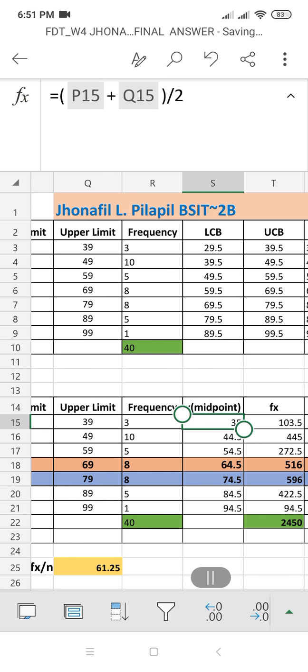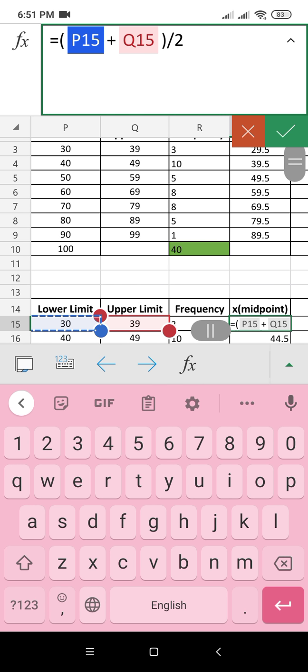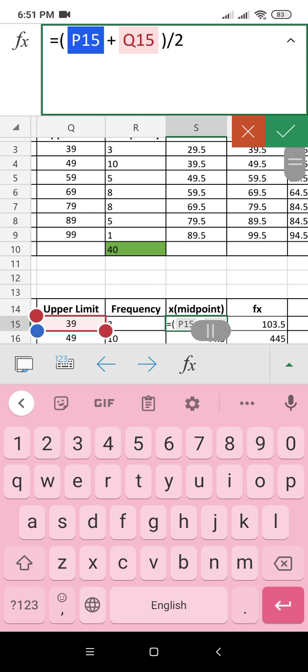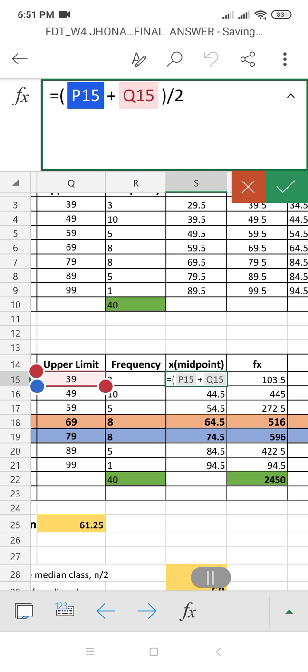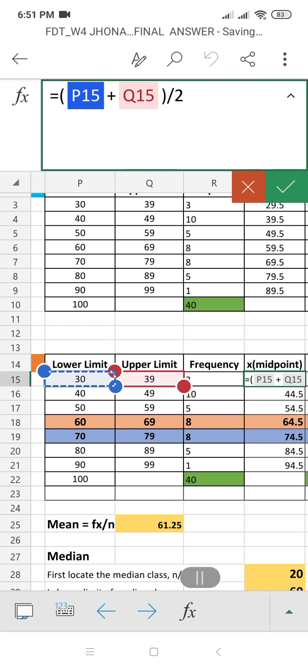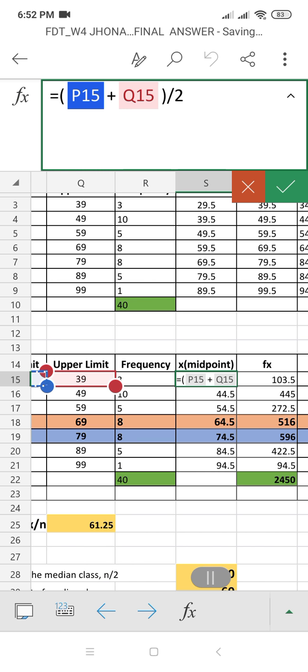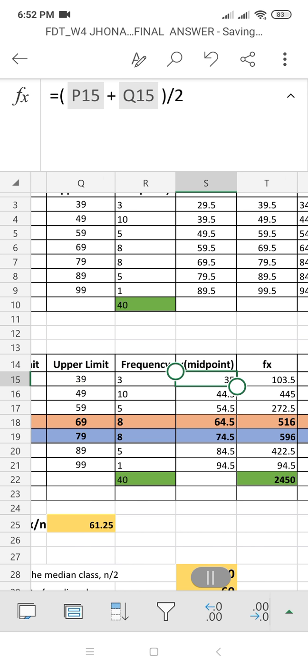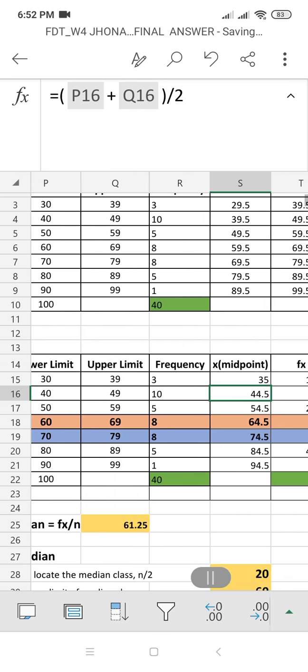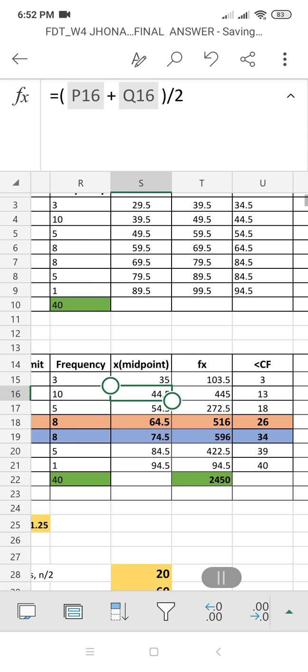In getting the x or the midpoint, you have to add the lower limit and the upper limit and divide it by 2. That's how we're going to get the x or midpoint.